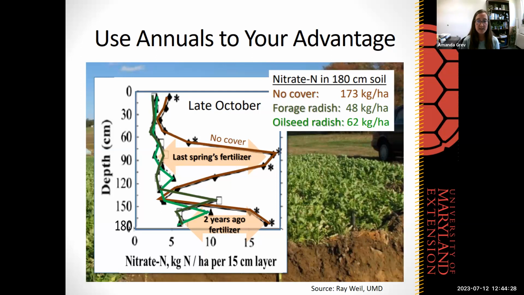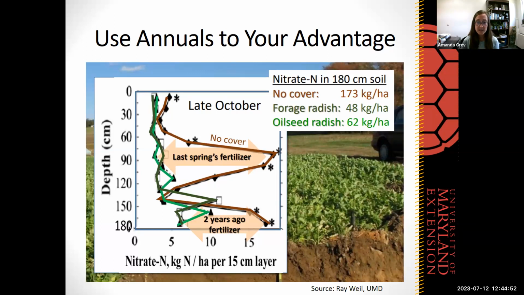And what you can see from this figure is as we go deeper into the soil profile, with the no cover crop, we saw a big spike in nitrate nitrogen around 80, 90 centimeters deep. And we saw another big spike in nitrate nitrogen when we were further down, like 170, 180 centimeters deep.